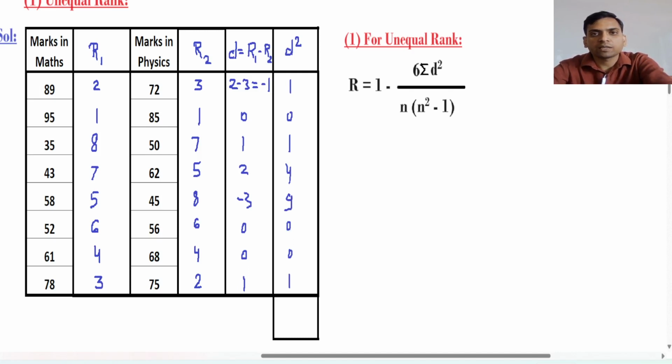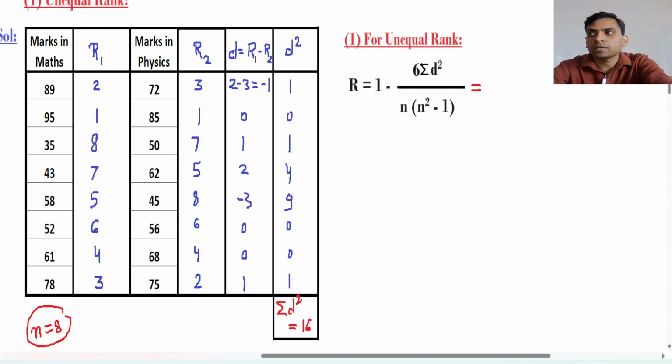Now you can find the summation of this D square column. So summation D square is 2, 4, 6, this is 16. So the summation of this column is 16, and the number of pairs, number of observations, is 8. 8 students are there.